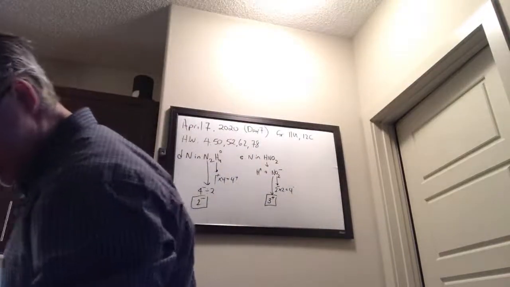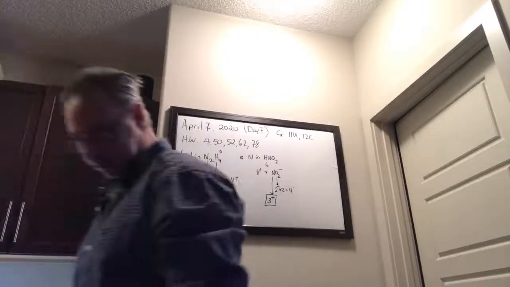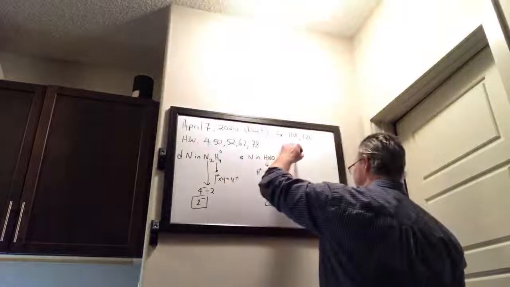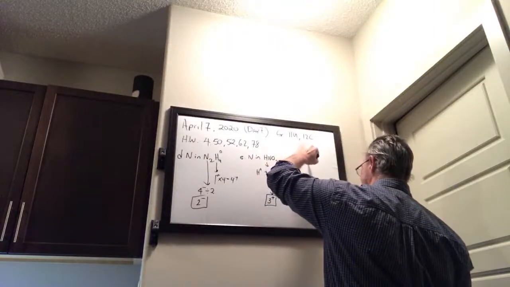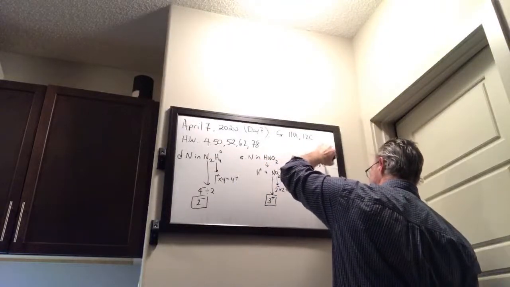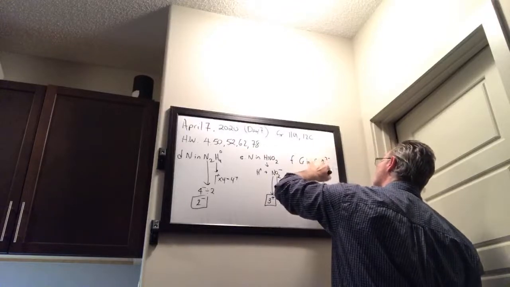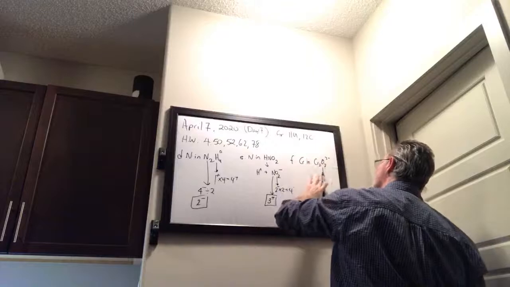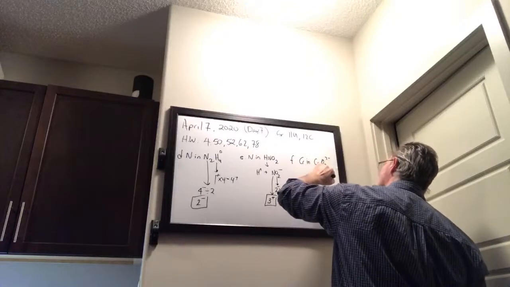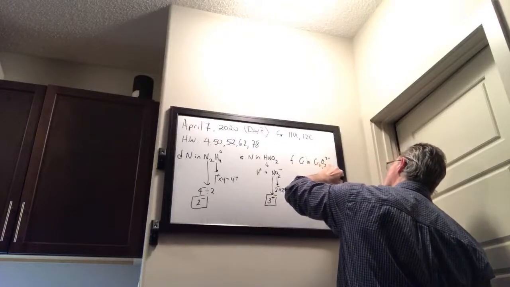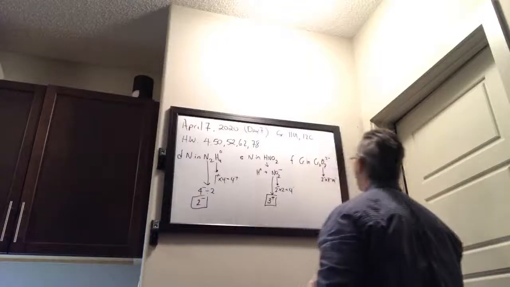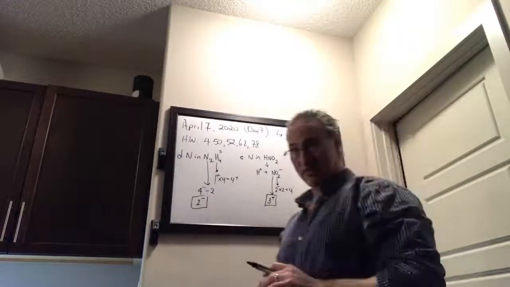Chromium in dichromate. So the oxygens should be -14.